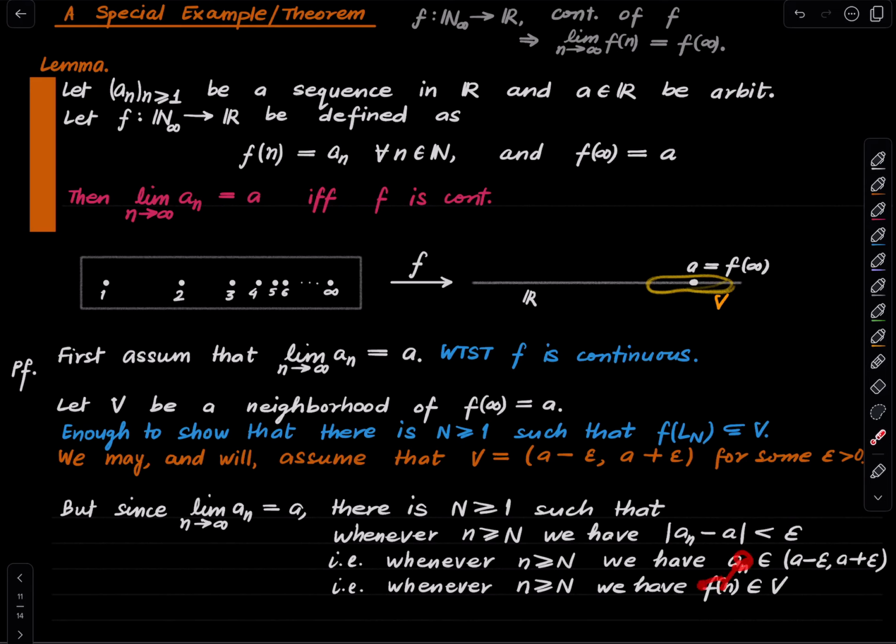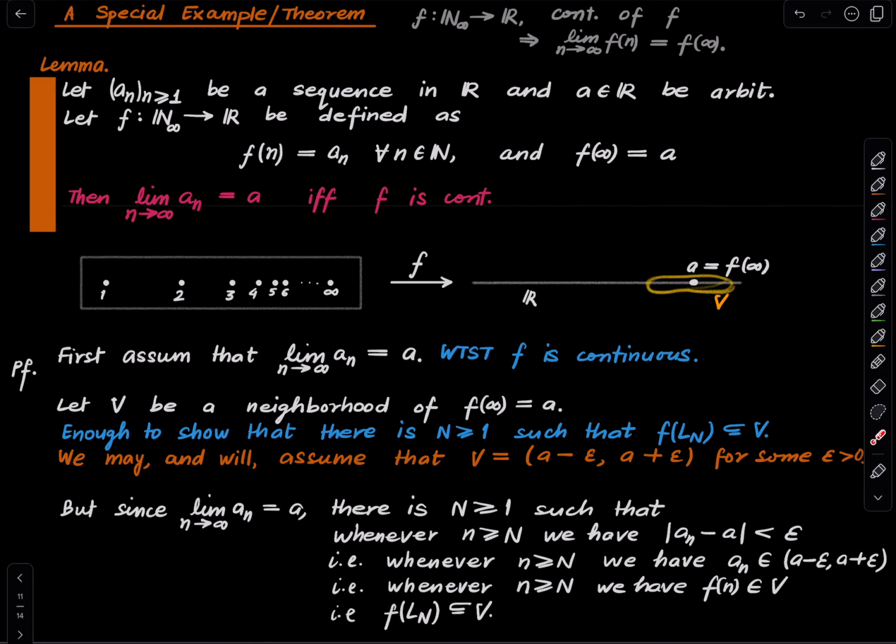So finally, this is the same as saying L_n goes inside V under the function f. Okay? So this is what we needed to do to prove that f is continuous at infinity, and this direction of the proof is now complete.